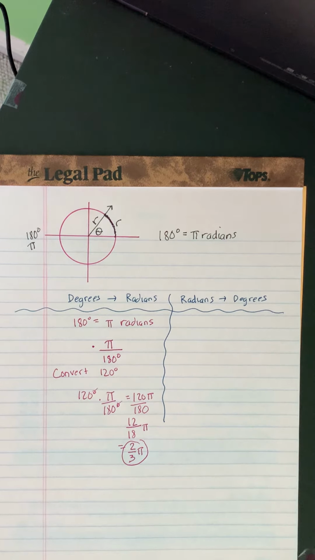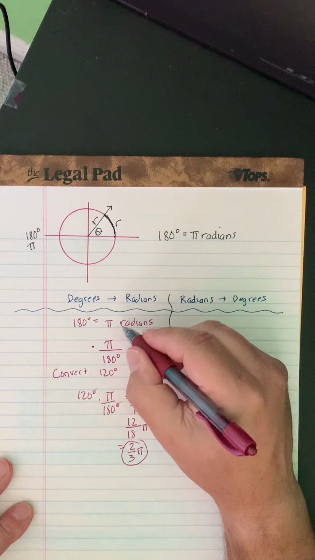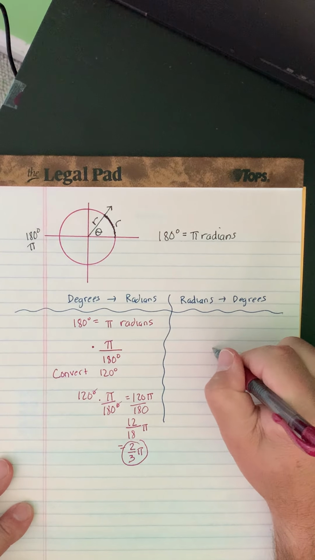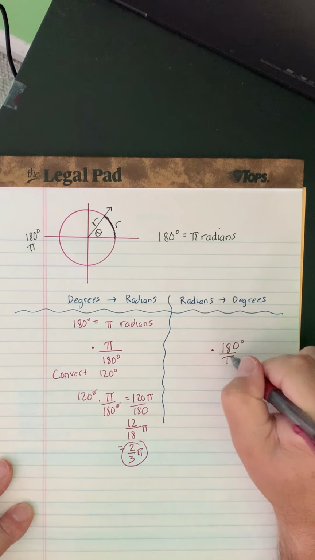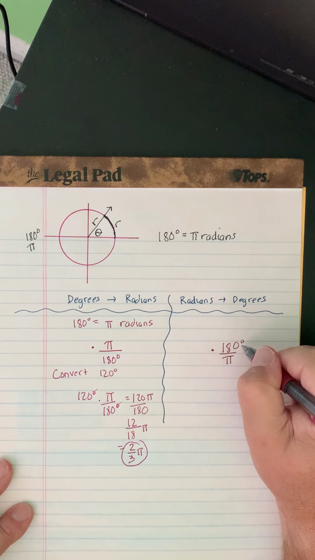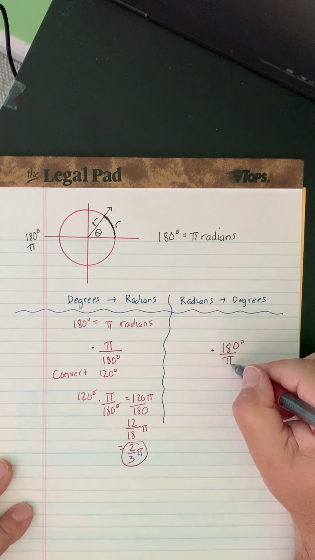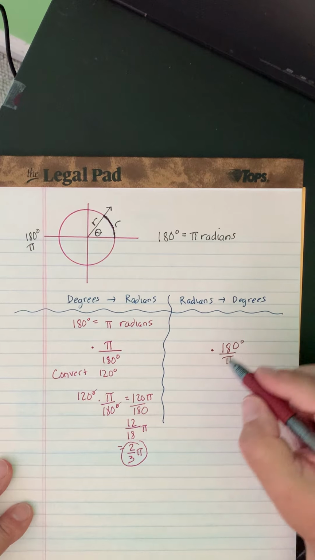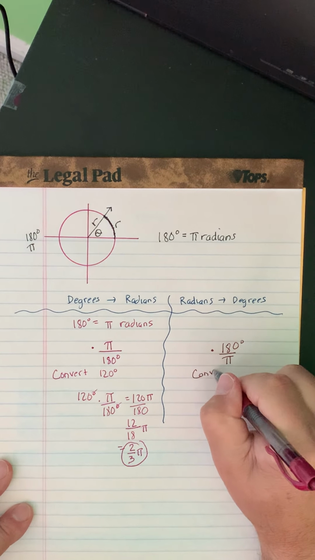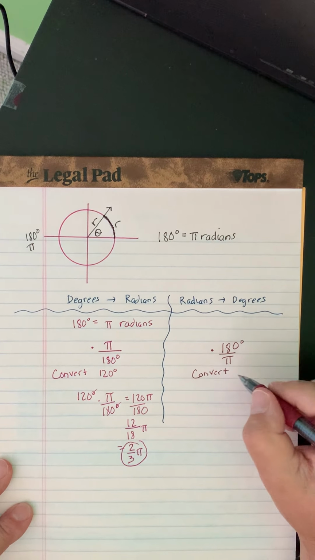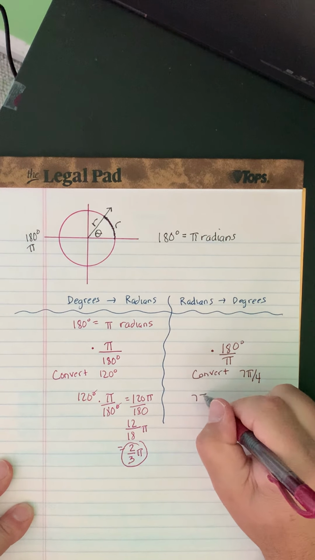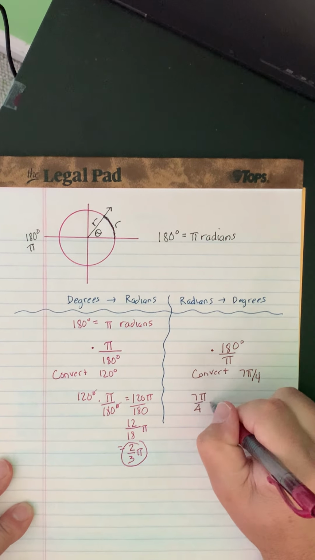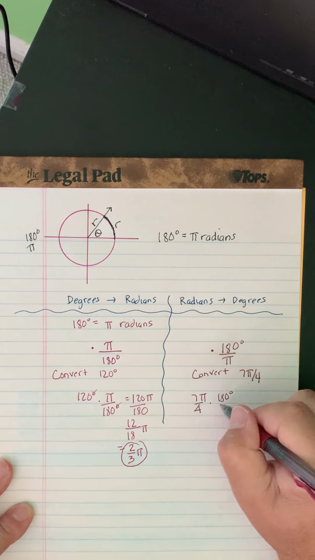Okay? Now let's go the other way. The only difference is this is going to swap to 180 degrees over pi, because we want degrees in our answer. So we want the pi's, or the radians, to divide out. If I want to convert 7 pi over 4, I'm going to go 7 pi over 4 times 180 over pi.